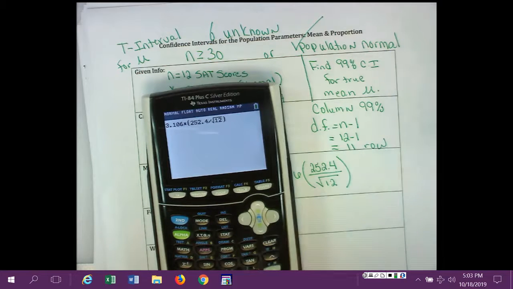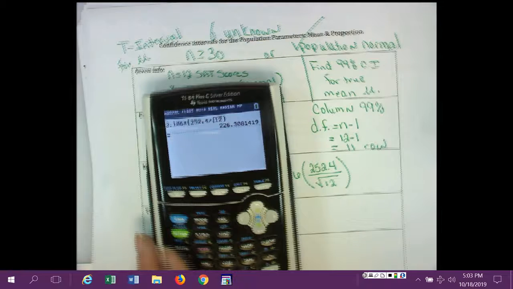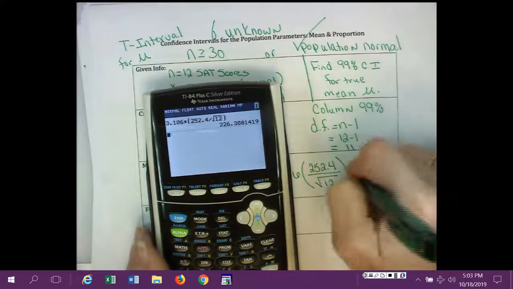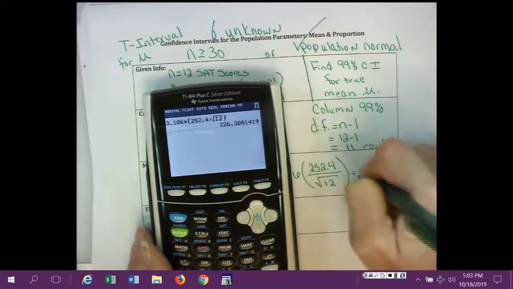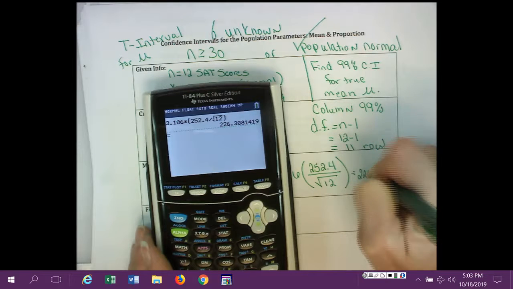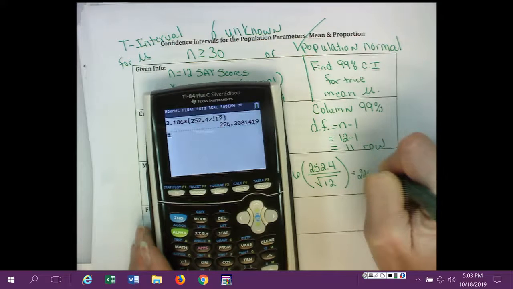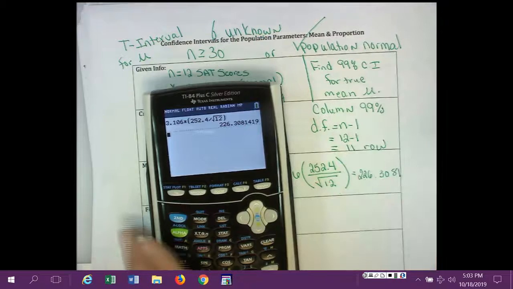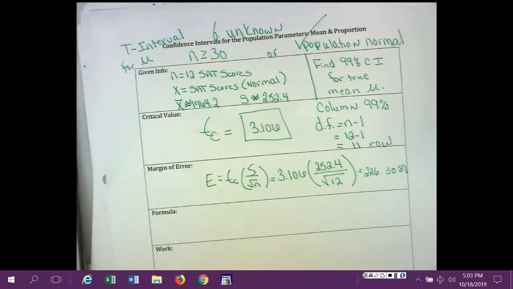So I was able to plug it in all at once. Enter. To 4 places, that is 226.3081. And I'll write that down on the paper. So there's the margin of error.